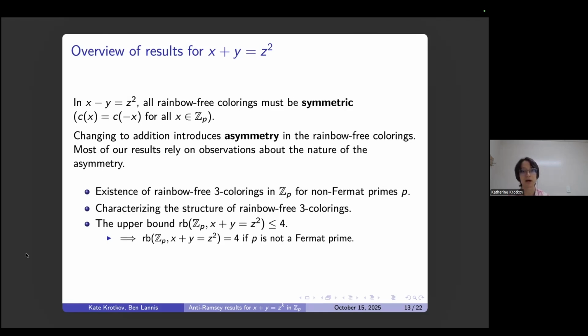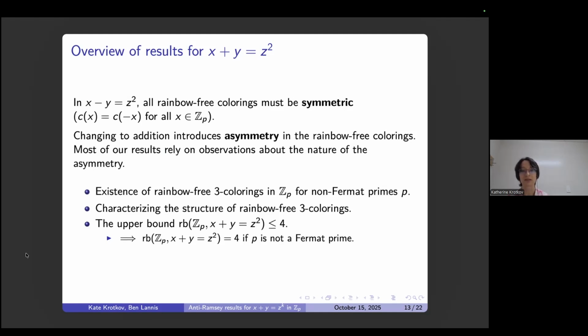And so if x, y, z is a solution triple for x minus y equals z squared, then x, negative y, z is a solution triple for x plus y equals z squared. And if the color of y is the same as the color of minus y, then there's a correspondence between them, and one of them is a rainbow solution if and only if the other one is. Okay, but if that was all the changes that happened, that would be pretty boring.